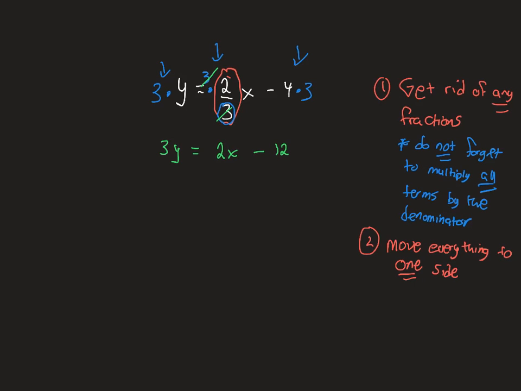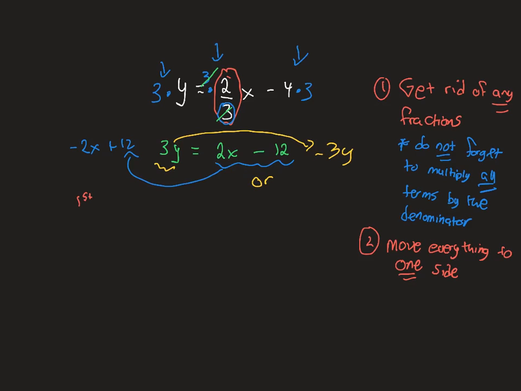Well, you can either move the 3y to this side, making it minus 3y, or you can move the 3x to the other side, making it minus 2x plus 12. Either way you do it, you'll still get the same thing, but I'm going to show you both ways.